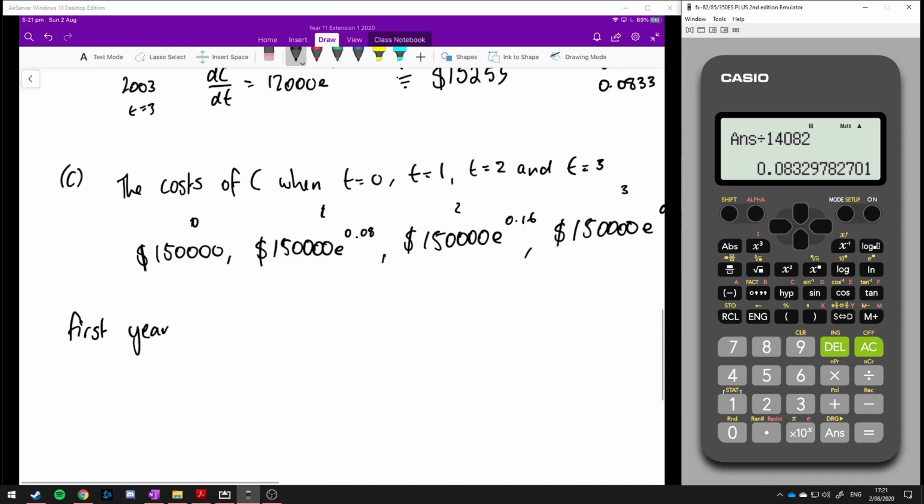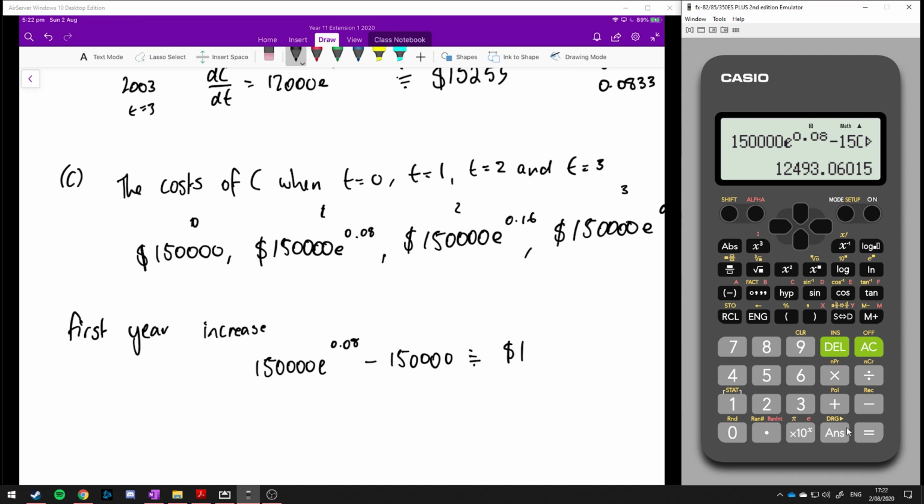So the first year, the increase is 150,000 e to the 0.08 minus 150,000, which is approximately equal to, so 150,000 e to the 0.08 minus 150,000 is equal to 12493.